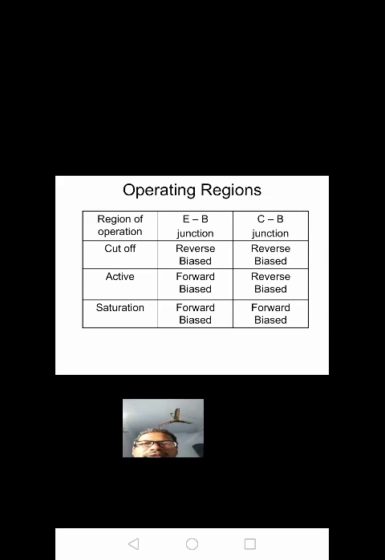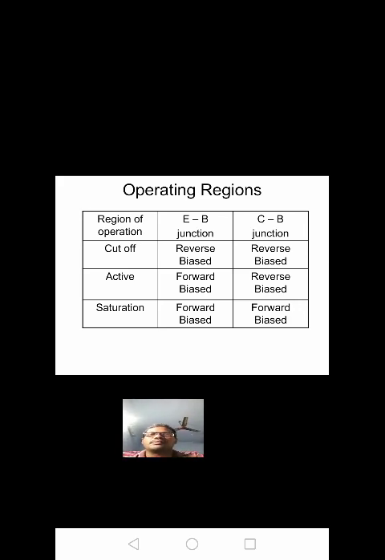If the emitter base is forward biased, it will be active, and the collector base reverse biased is also an active condition. Saturation means the emitter base junction is forward biased and the collector base junction is also forward biased. The transistor then operates in the saturation region.